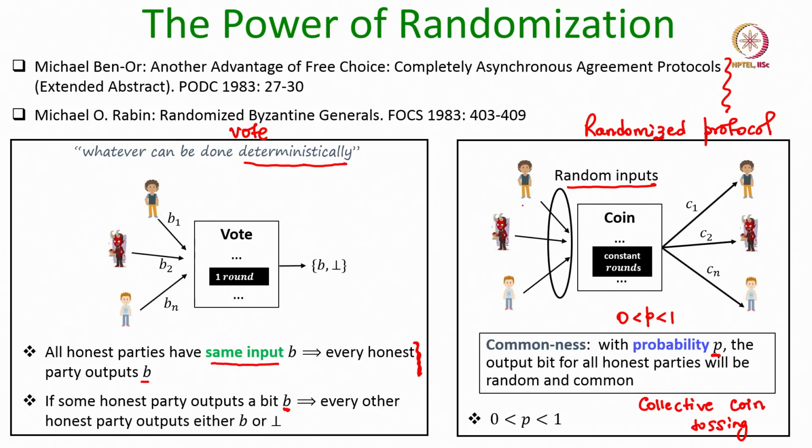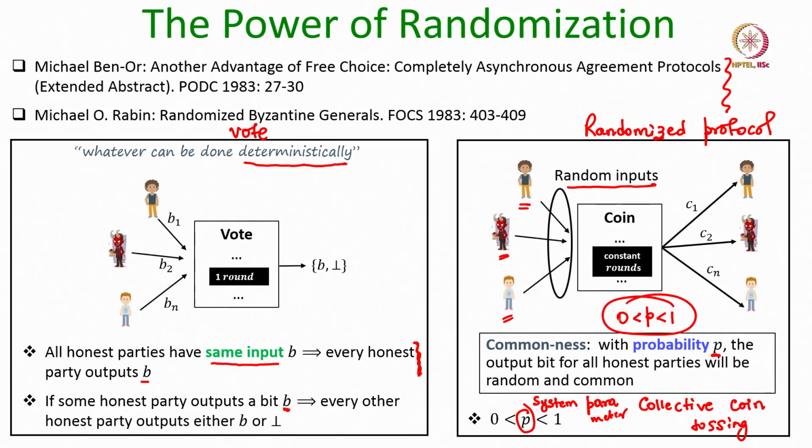But now each party has its own coin which is tossing, deciding some random values, and then they are interacting for a constant number of rounds, and they expect that at the end of the protocol, the coin values of all the honest parties are the same, and it is a random value. And this probability p will be a system parameter which you can set as part of the protocol.